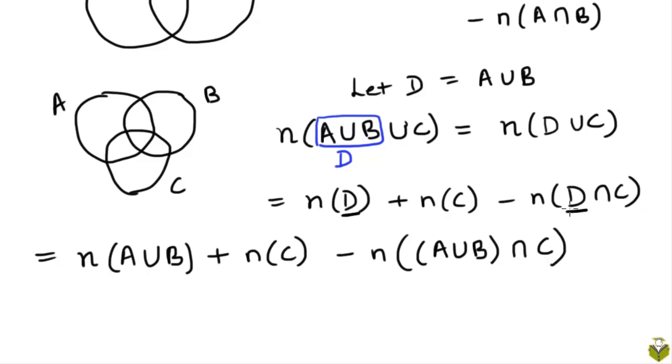Since we are assuming here that we have the set D, we're going to replace D with A union B with parentheses around it.